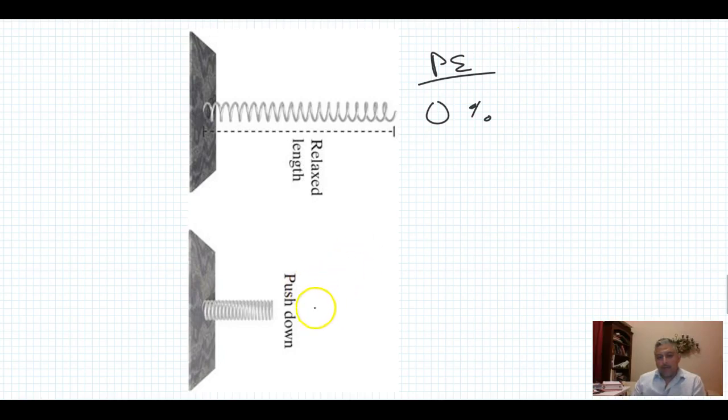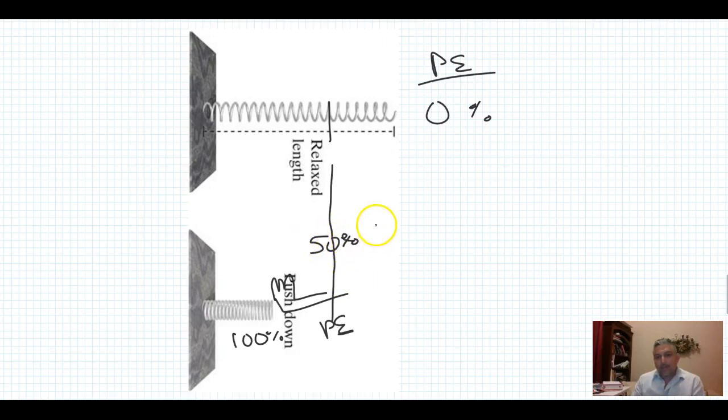But if you push it down as far as it can possibly go, you push it against the wall, let's say you have your hand right here, pushing it down. This is as far as it goes. Then you will have 100% potential energy. If you go halfway in between those two, then here will be your 50%, and so forth and so on. The more you press, the more the percentage of potential energy will increase.